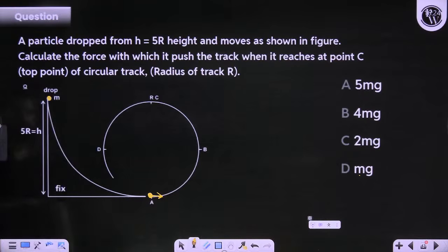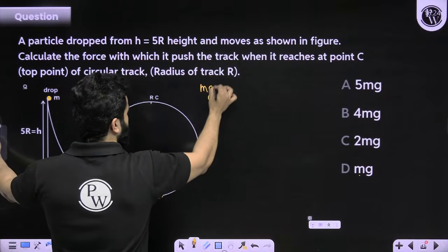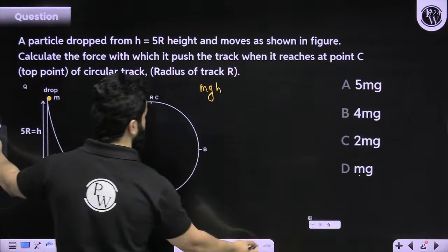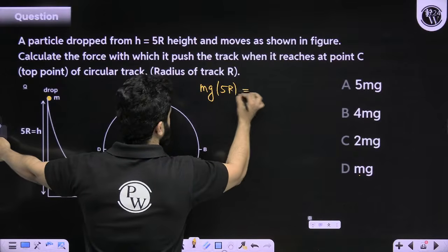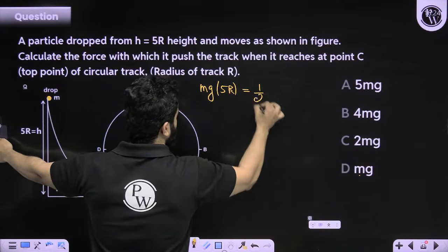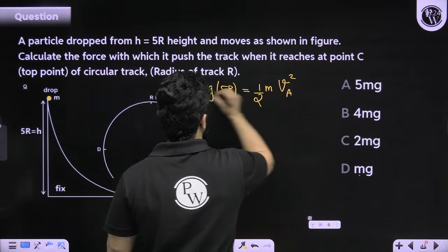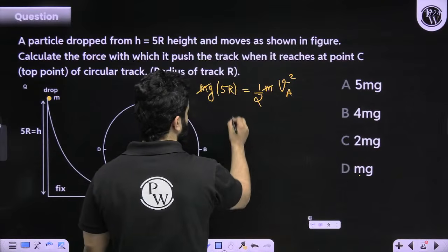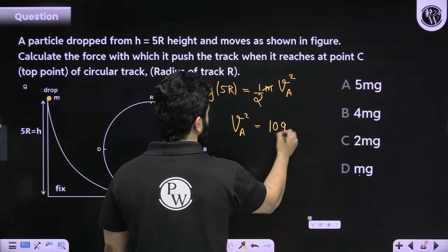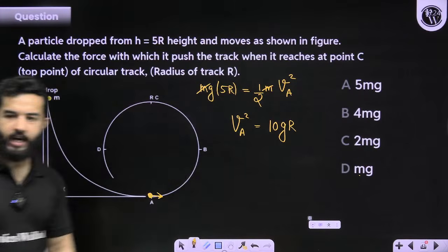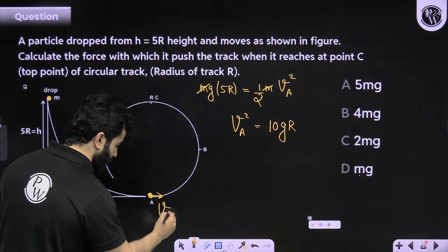At this point the total energy is mgh, and instead of h I am going to write mg into 5r, and this equals half m VA square. m can be cancelled out. This will become 10, that means VA square will become 10 gr.